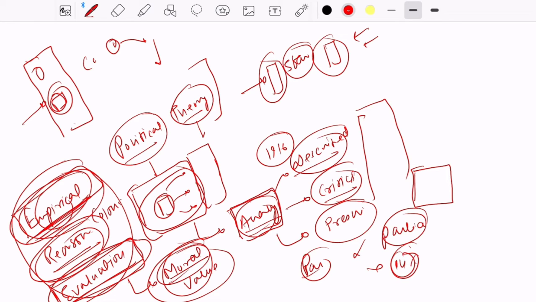Since our independence, only 14%. So in a way you'll find it a highly unjust approach towards women, because they constitute almost 48% of the population, and still they are not well represented in our legislative assembly, in our parliament. So this is a form of injustice.